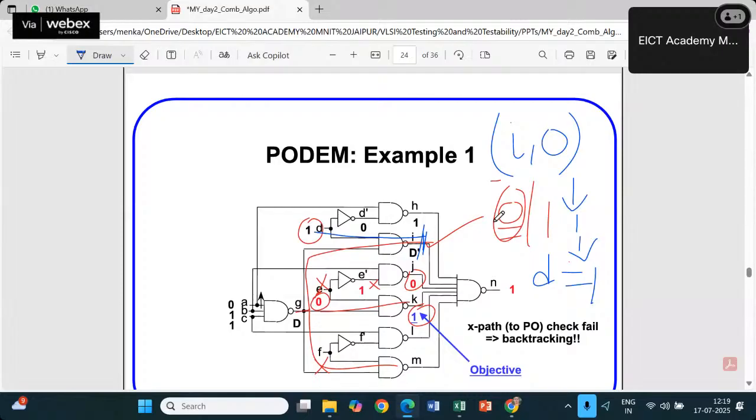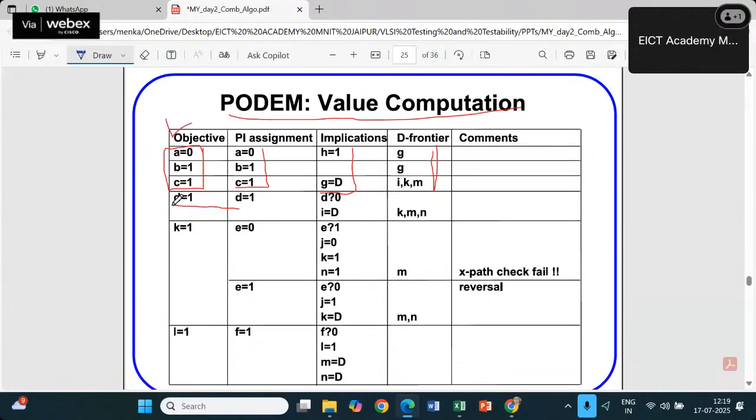Taking the path, there is only a single path. There is no other path. That's what we have taken. D is equal to 1, right? Okay. Now the next one, D is equal to 1 is taken. And then this is going to give me I is equal to D. That is going to give me D frontiers K, M, and N. Now D can pass through these 3, right?